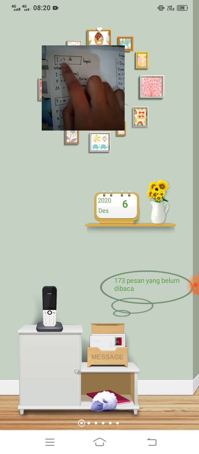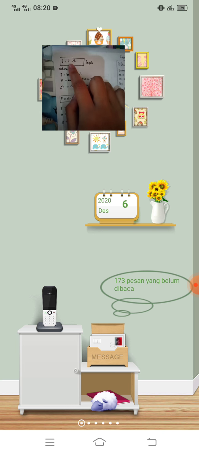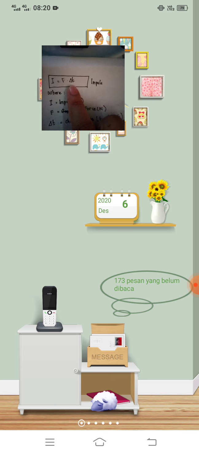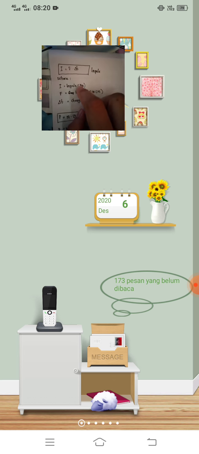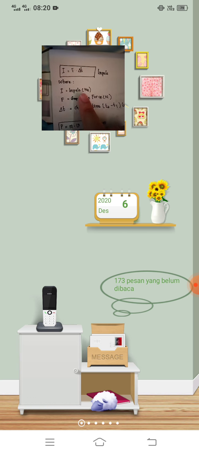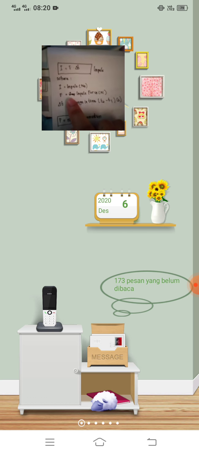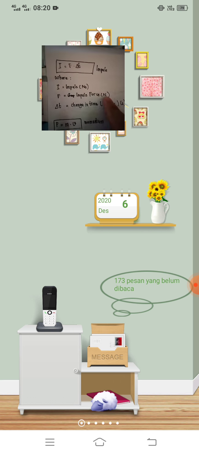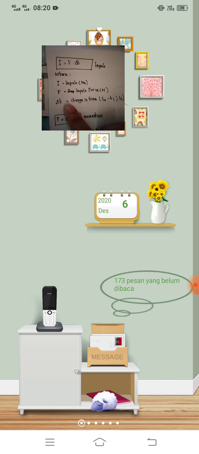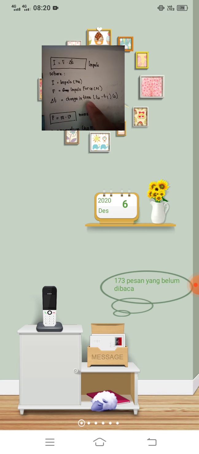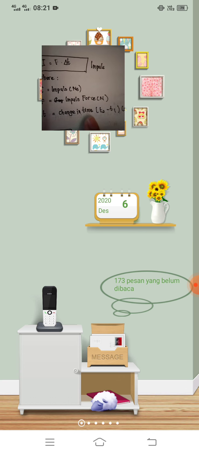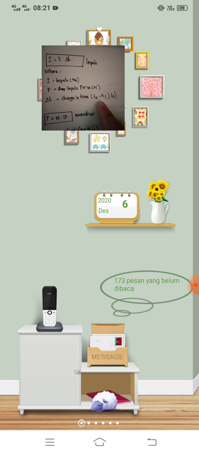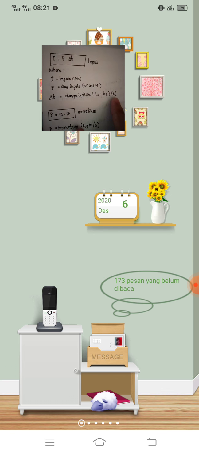I = F × Δt, where I is impulse, F is the impulse force in newtons, and Δt is the change in time, t2 minus t1, in seconds.